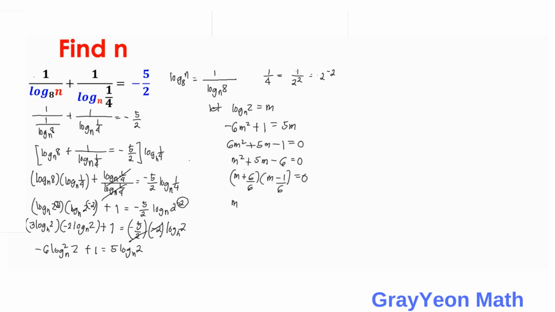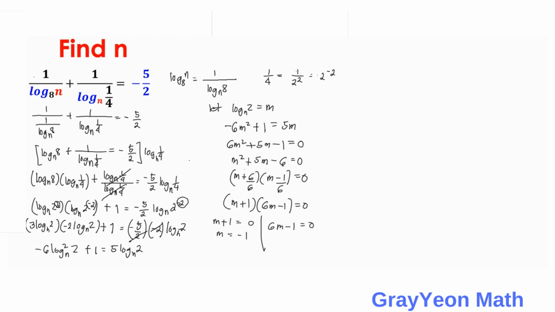So this becomes m plus 1 times 6m minus 1 equal to 0. Actually, we have two solutions: m plus 1 is equal to 0 and 6m minus 1 equal to 0. So m is equal to negative 1.